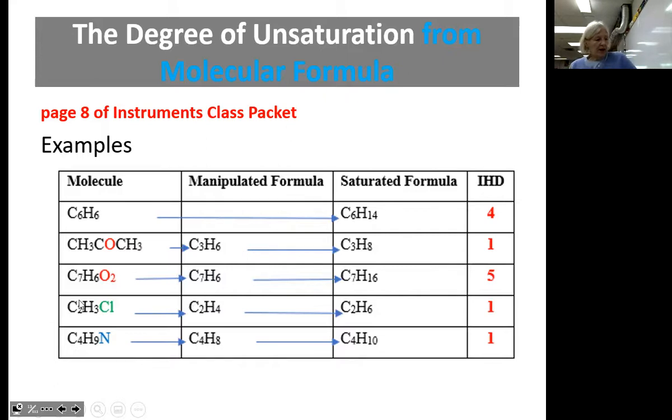Nitrogen, in your given molecule, if you have a nitrogen, take it off, manipulate the formula by losing 1 H, niet, losing 1 H, and then calculate how many hydrogen molecules it takes to saturate.